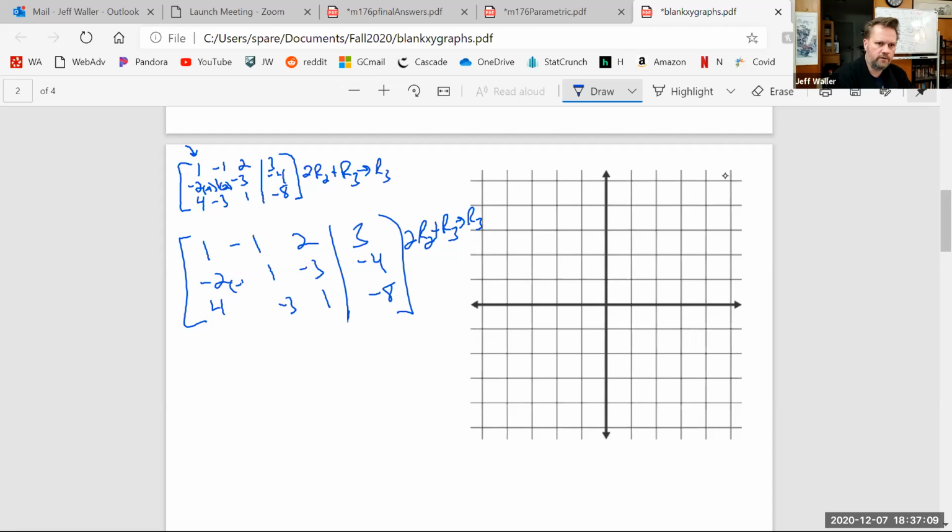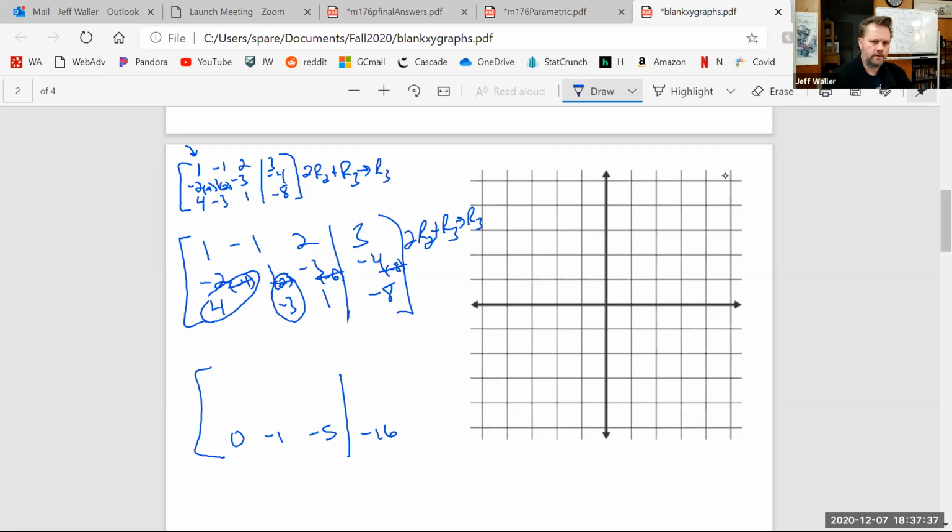So this will be -4 to -6, -8. So this will be 0, -1, -5, -16. So all I'm doing is adding like these 2 things together, right? And adding those 2 rows together. And I'm done with it now.